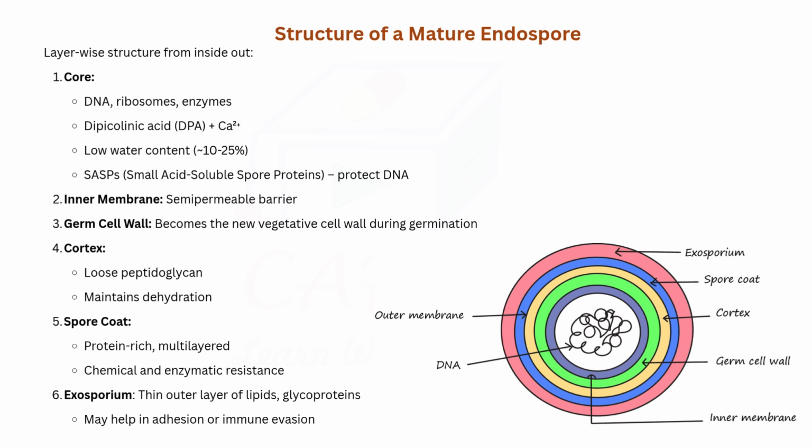Around the core is the inner membrane and germ cell wall, which becomes the vegetative cell's wall upon germination. Next is the cortex, a thick peptidoglycan layer that ensures dehydration. Then we have the spore coat, made of several layers of keratin-like proteins. This is the barrier to chemicals and enzymes. Finally, the exosporium is the outermost membrane, often involved in surface interactions and immune evasion.